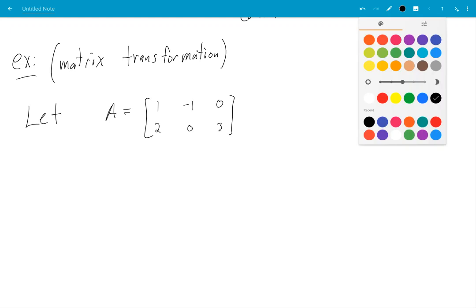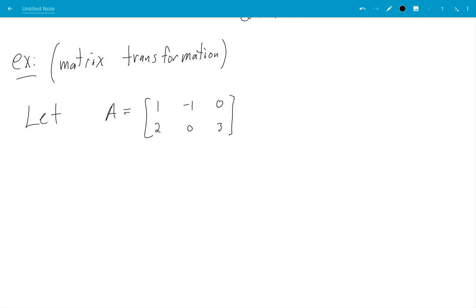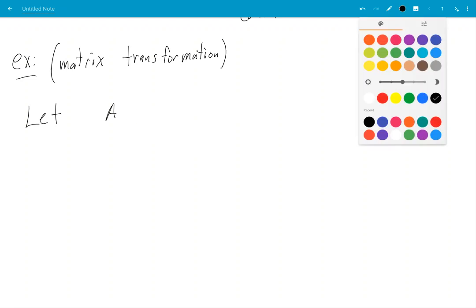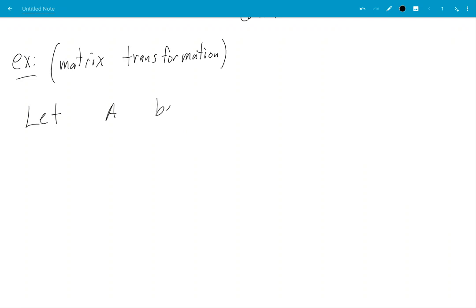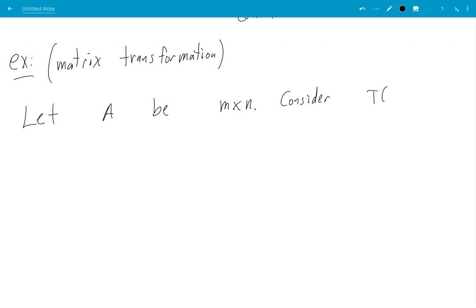I apologize. Changed my mind. Let's do something more abstract. Let A be, we'll say, m by n. Consider, if you will, the function T of x is equal to A times x.